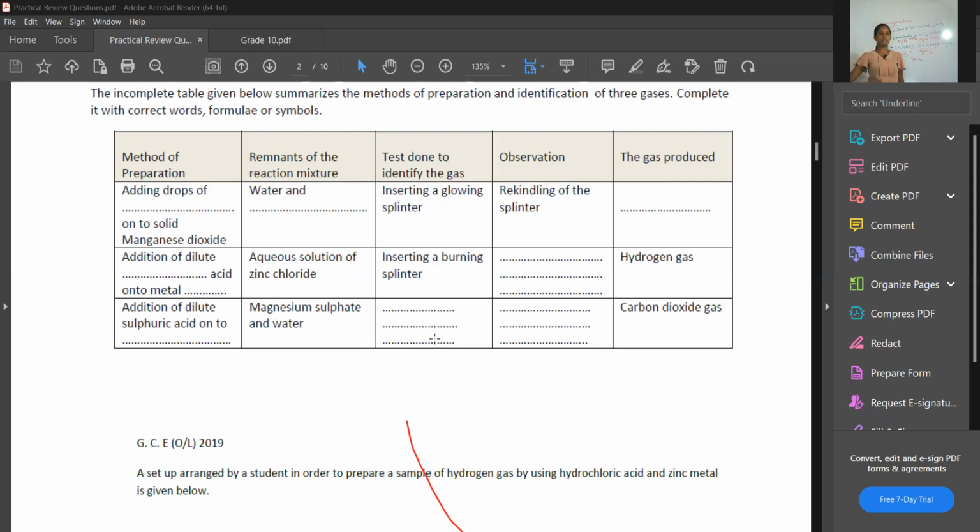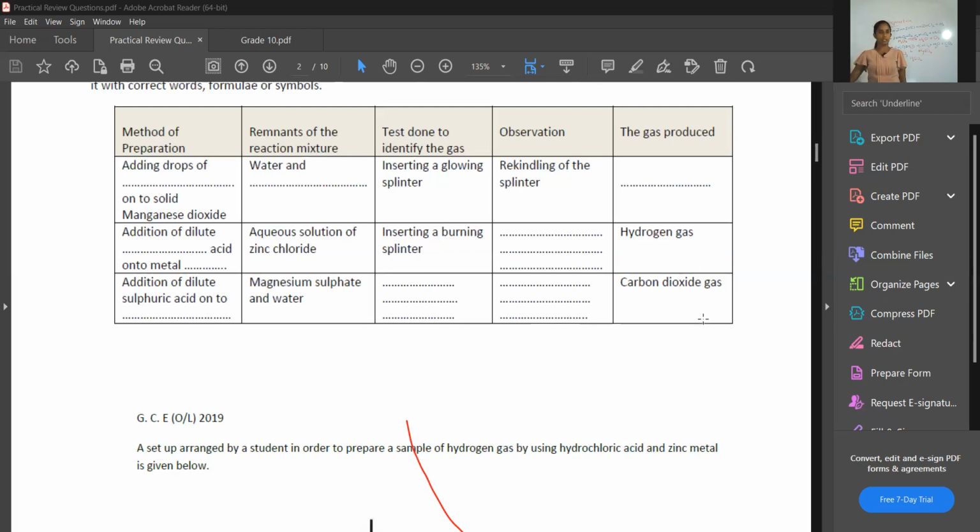So to identify the gas, using colorless lime water, the observation is that colorless lime water turns milky, right? Then we can confirm that it is carbon dioxide gas.